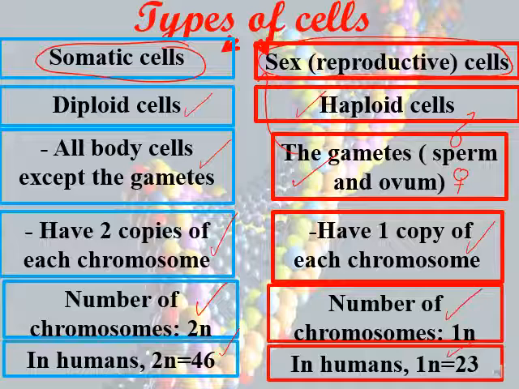Number of chromosomes, it's 2n in the somatic, whereas it's only 1n in the sex cells. 2n in somatic is equal to 46, whereas in humans, the sex cells 1n equal to 23. Let's move now.